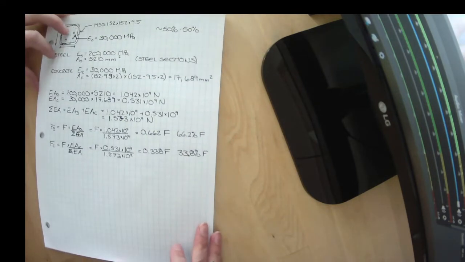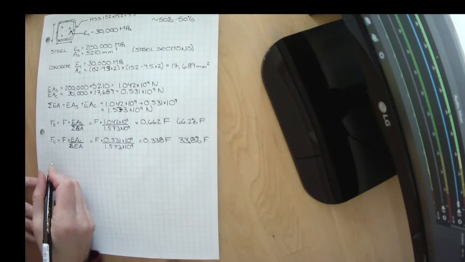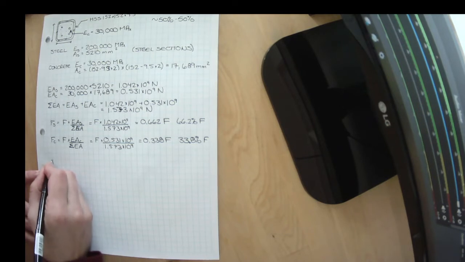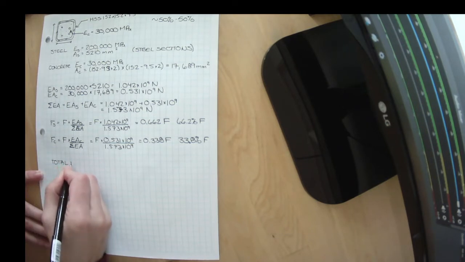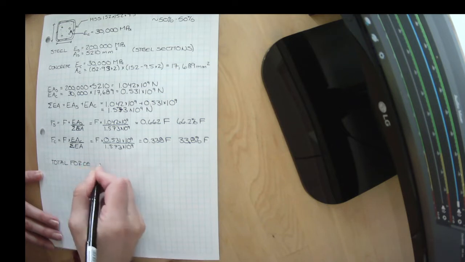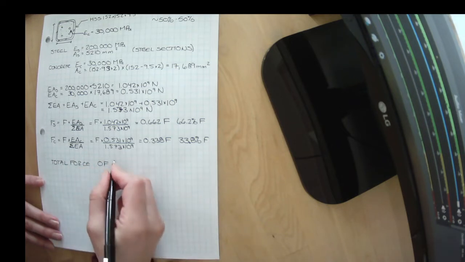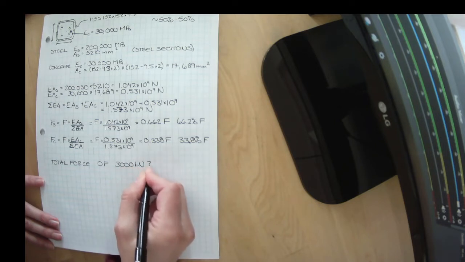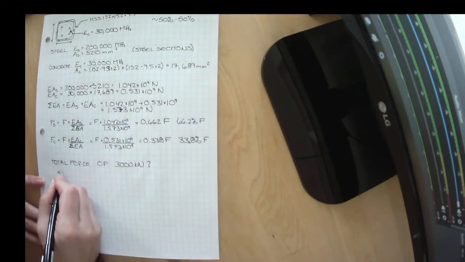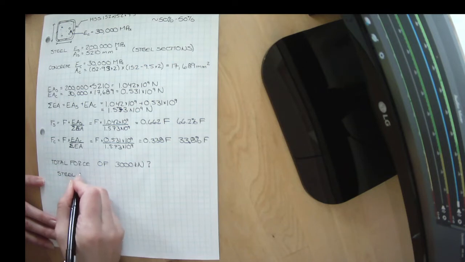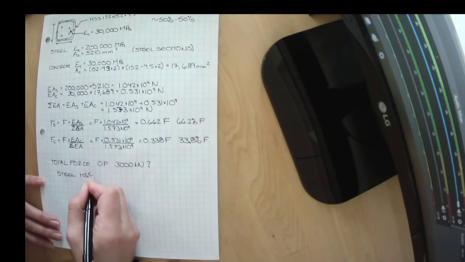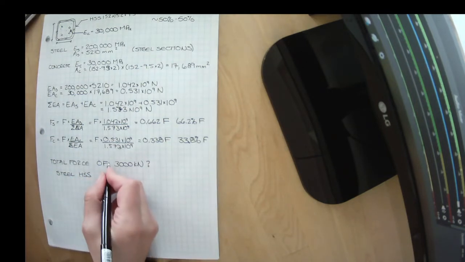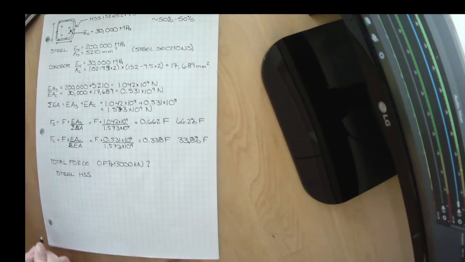So that's pretty handy. What if someone gave us a total force of, let's say, 3,000 kilonewtons? The steel HSS is going, so let's say this was PF. They gave us a PF.